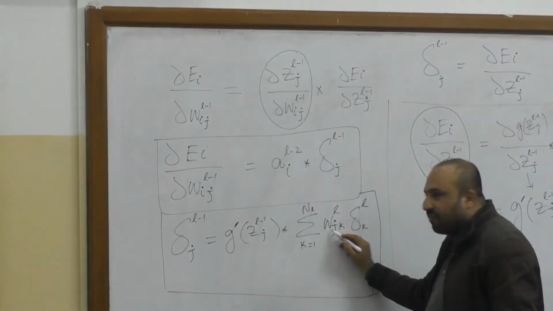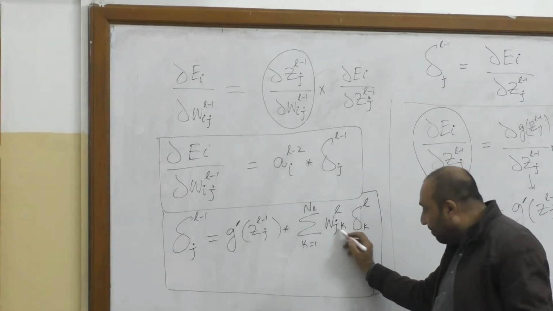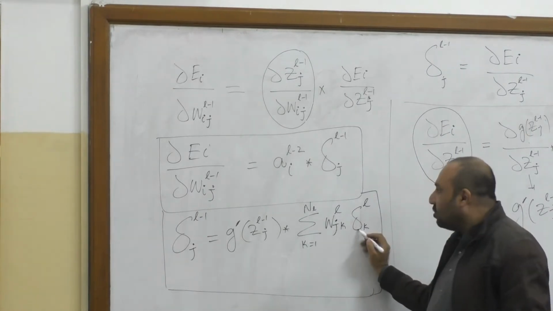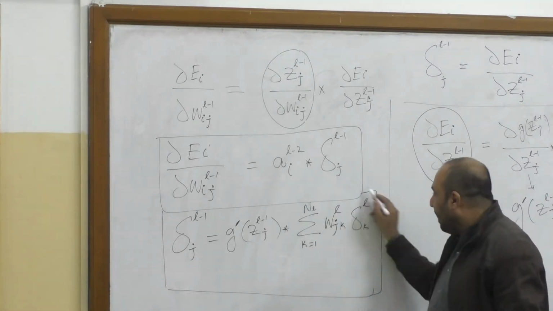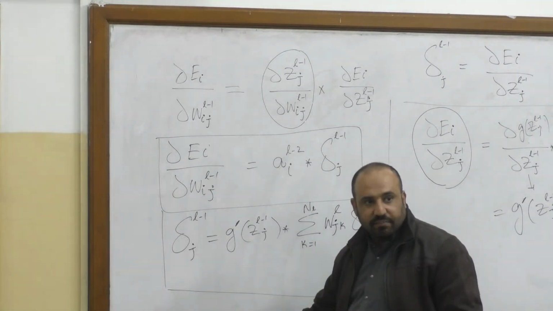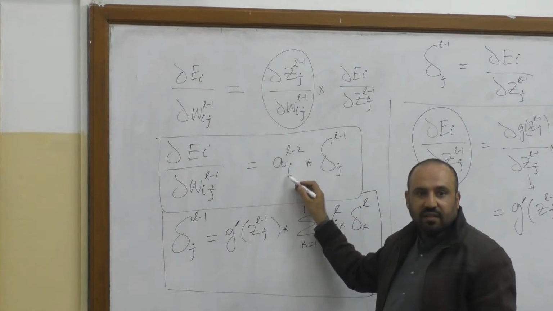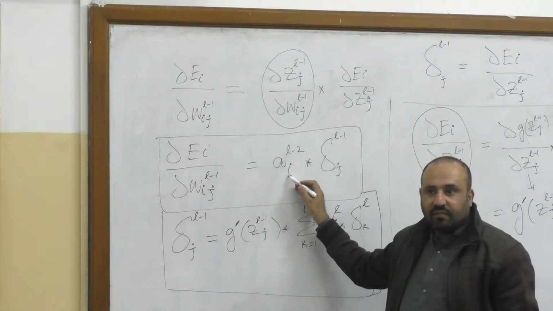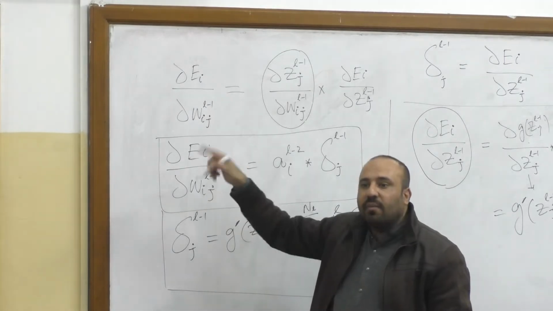I have all the W's available, the weights I initialized at the start, I have kept them. And delta L I get from the last layer. So I end up having this number multiplied by this number. Once I have all these, I plug them in there. I have never thrown these away. These are lying computed. So I have this update available now, and I have all the updates.